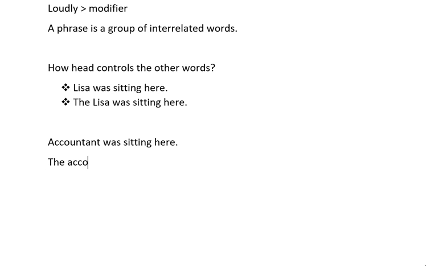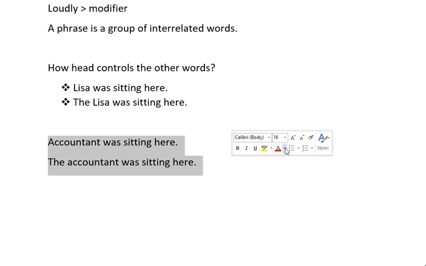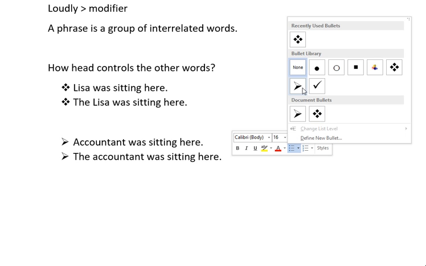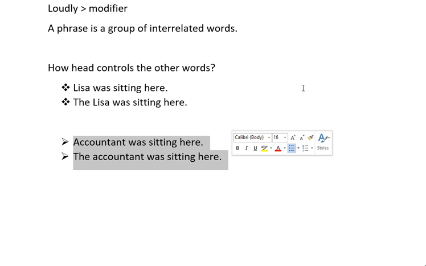The second example is "the accountant was sitting here." Okay, let us give them this bullet. Now look at these two sentences.